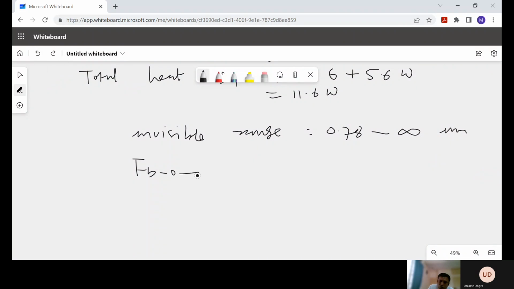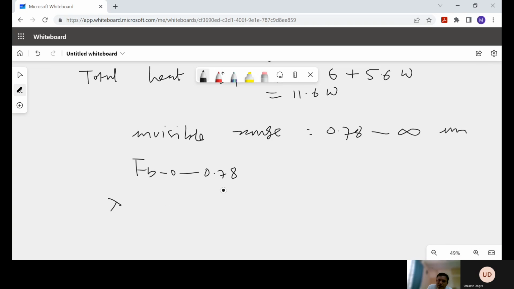Lambda into T we have to first find out, correct?